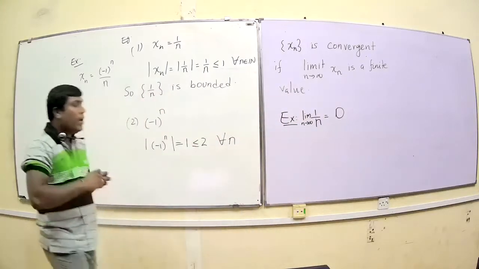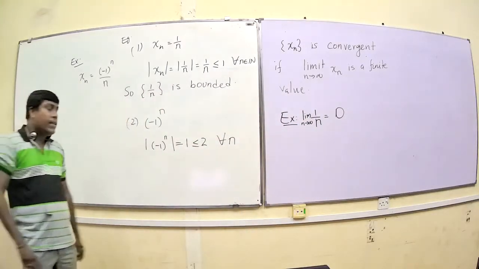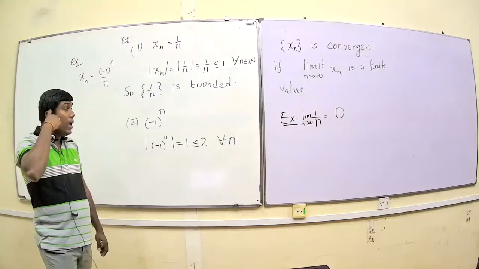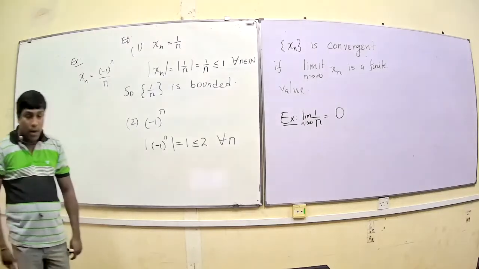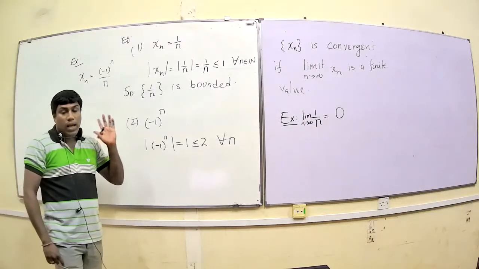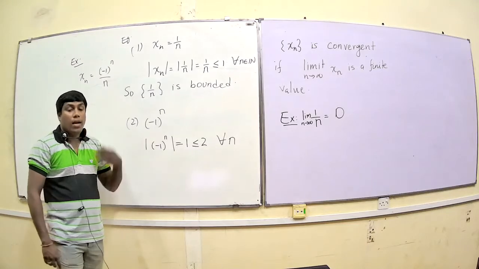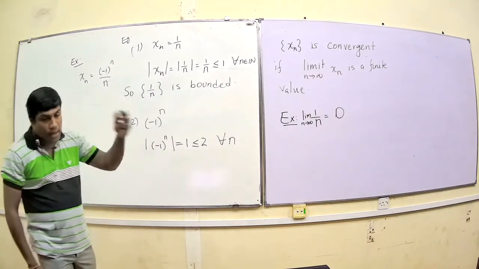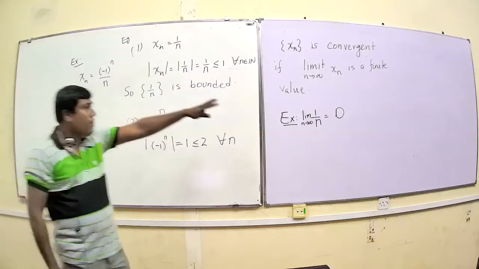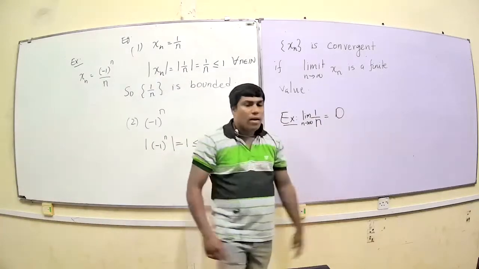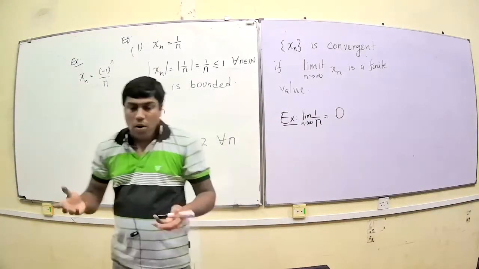Boundedness is 1, limit is 0, right? So this example we did, limit of n goes to infinity, 1 upon n is 0, is something we have seen. So clearly, you know that the limit exists and this limit is a finite number, right? It is a number which is known.